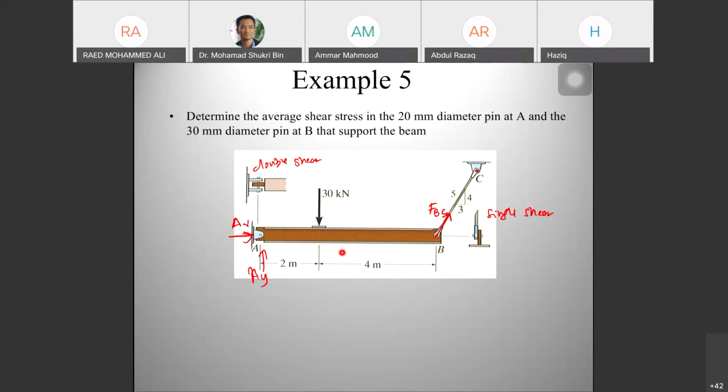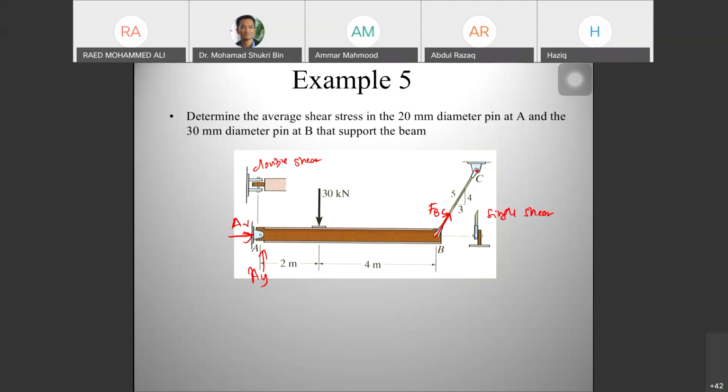So this is a 3 force member, so you cannot assume only one direction for the force at A. You need to find both components of force at A. This other one is a 2 force member because only 2 points have force, at B and at C. So you need to find AX, AY, and FBC using your knowledge in statics. First, you need to draw the FBD.